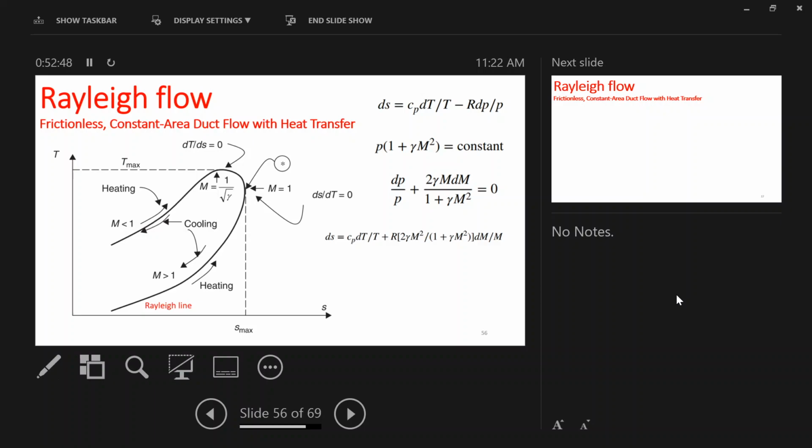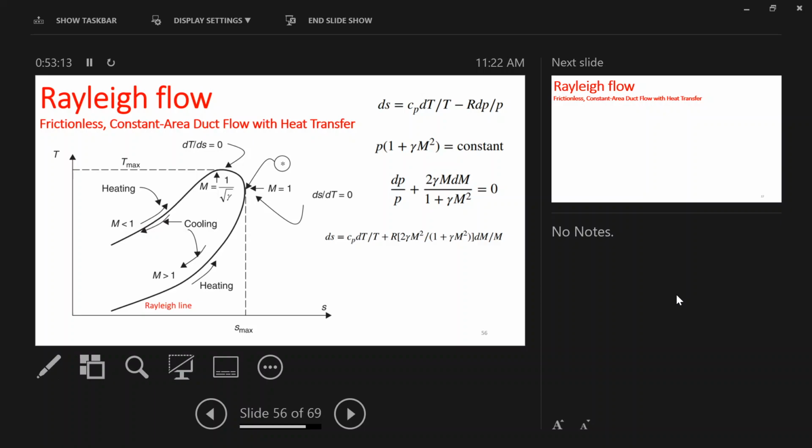So what's going to happen when you are reaching this sonic point with supersonic conditions, with Mach higher than 1? For subsonic flows, you will get backflow.